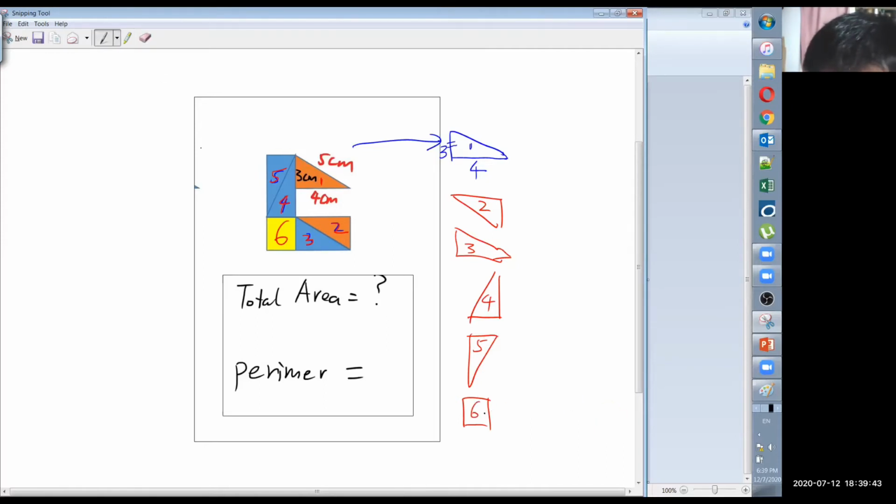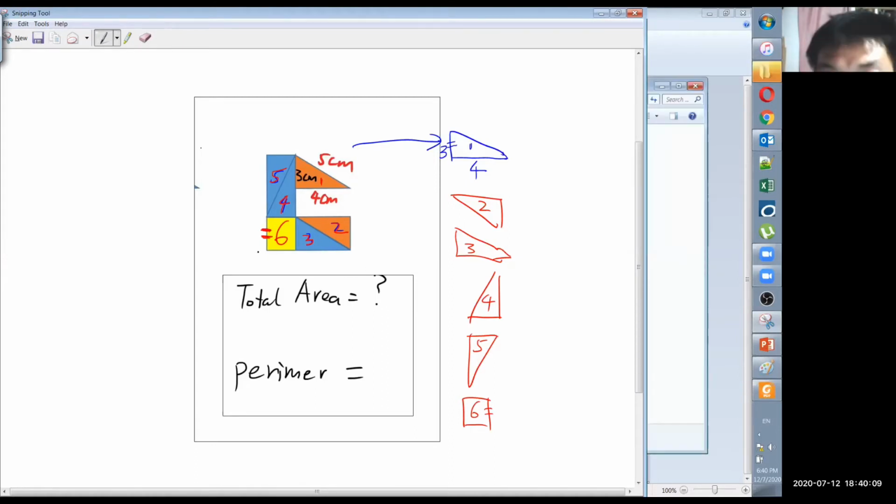So can I ask you, what is the side here? Because for a square, we need to know the side, right? What's the value for the side here? What's the length of the side of the square?